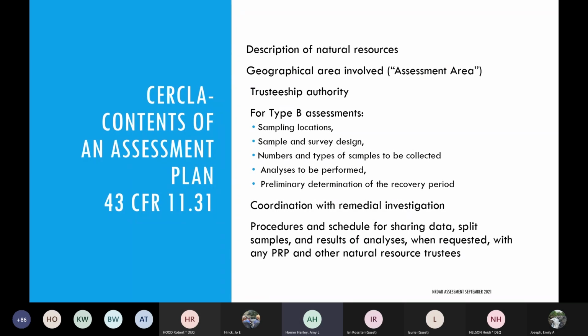So the assessment plan comes after that. It should be shortly after that, but different cases have different timelines. But it's preliminary, right? The trustees haven't looked at all the data yet. You are still trying to identify what data you might need to figure out what happened here as part of a release of a hazardous substance.